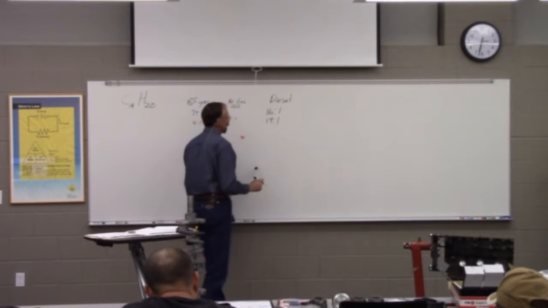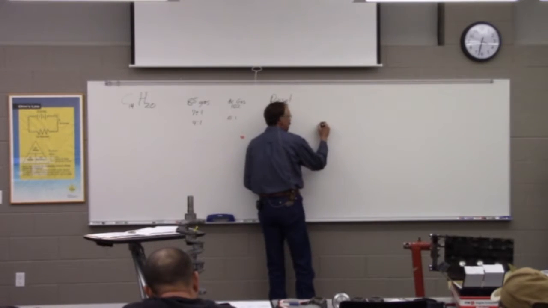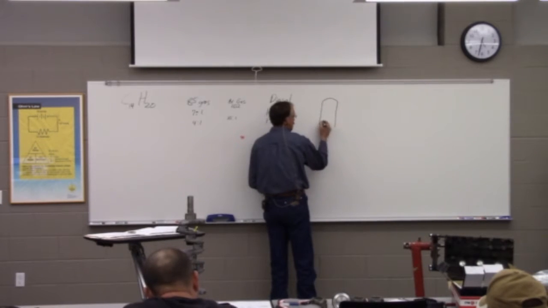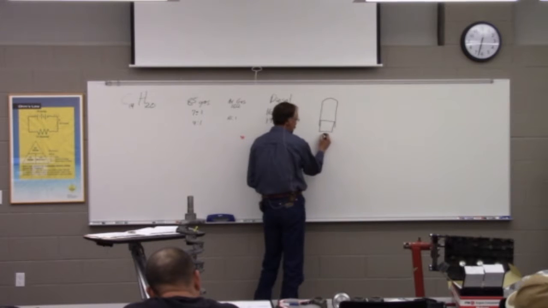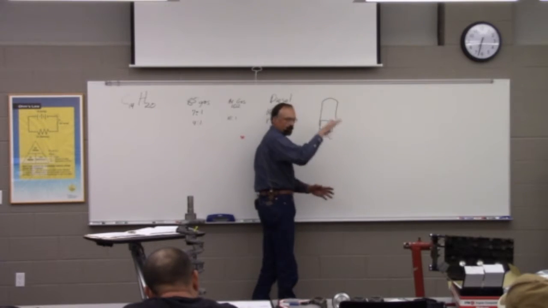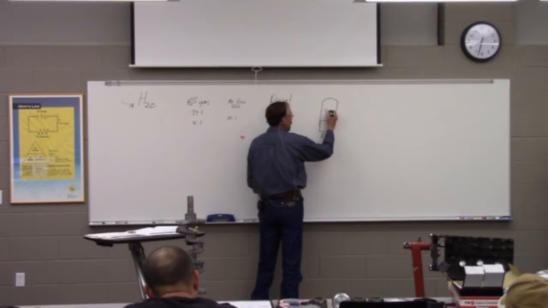So the compression ratio, what it is, if we've got this cylinder here and our piston is at the bottom. So it's all the way, I'm going to put BDC for bottom dead center. It's at the very bottom. What's the volume of this space?